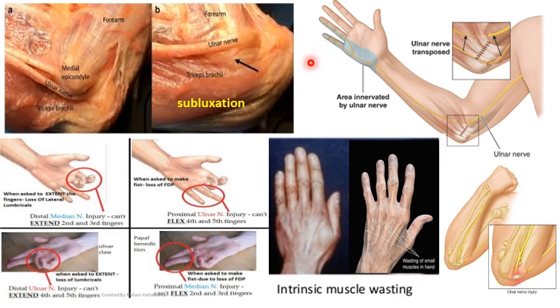Other reasons for the ulnar nerve being compressed or injured include subluxation. This is the normal course of the ulnar nerve, which goes behind the medial epicondyle.